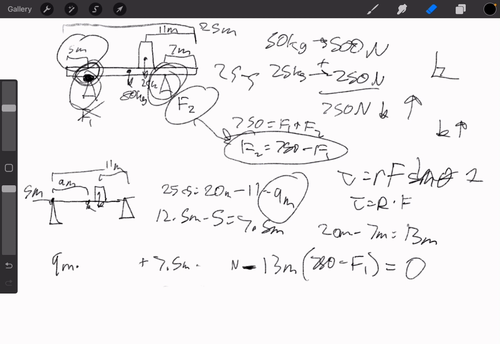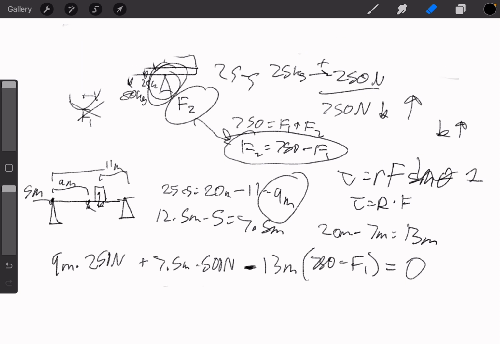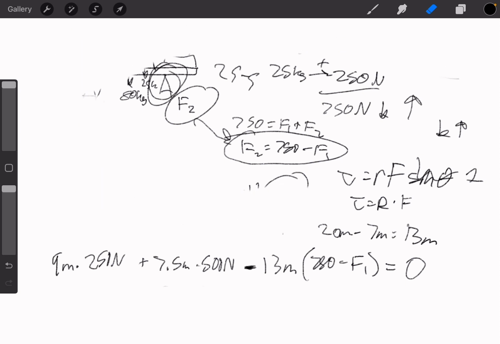So it's not actually 500 newtons at 9 meters, but the two are swapped. Oopsie daisies, happens to the best of us. So it's 9 meters times 250 newtons going down, and then 7.5 meters times 500 newtons going down. My bad, guys. I didn't mean to lead you astray.